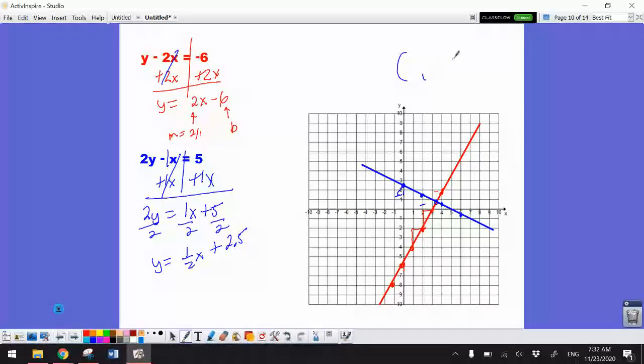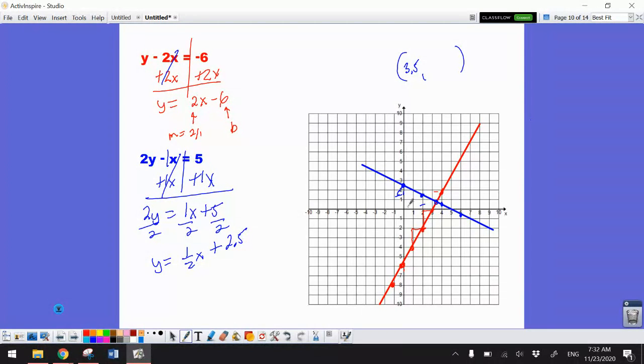Okay, so let's see if we can figure out where we are. So I see that that point is between 3 and 4. So I'm going to call that 3.5 because that's in the middle. That's my best guess. And if I move up, I am going to assume that that is a little more than half between 0 and 1.